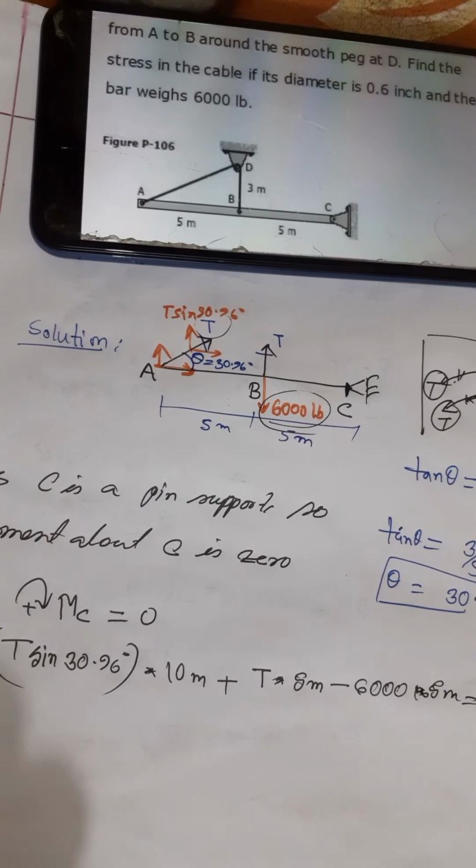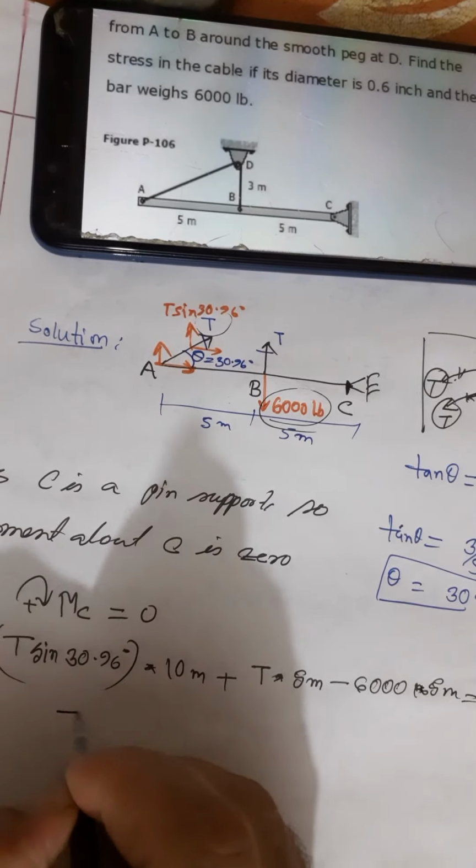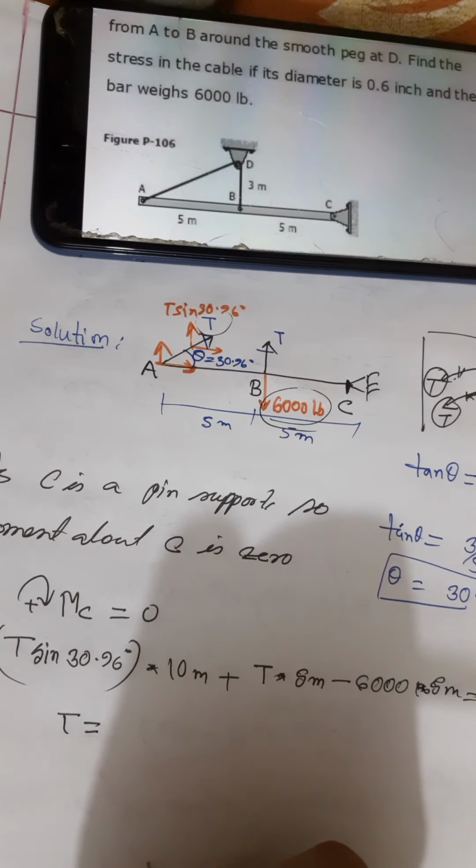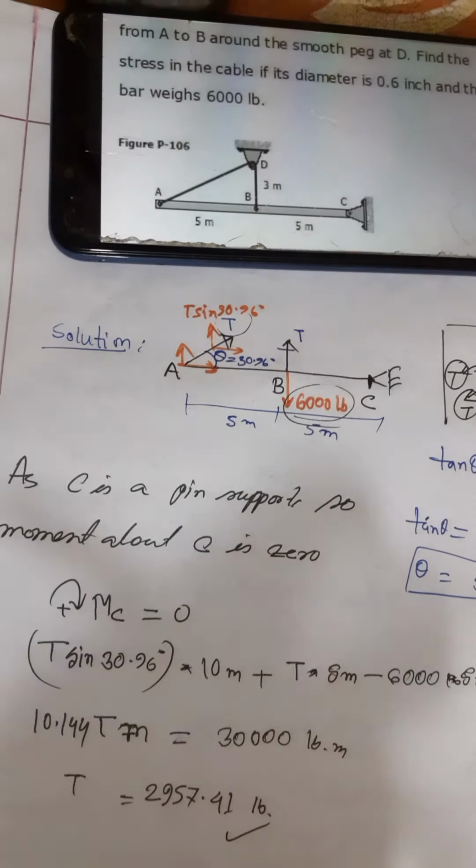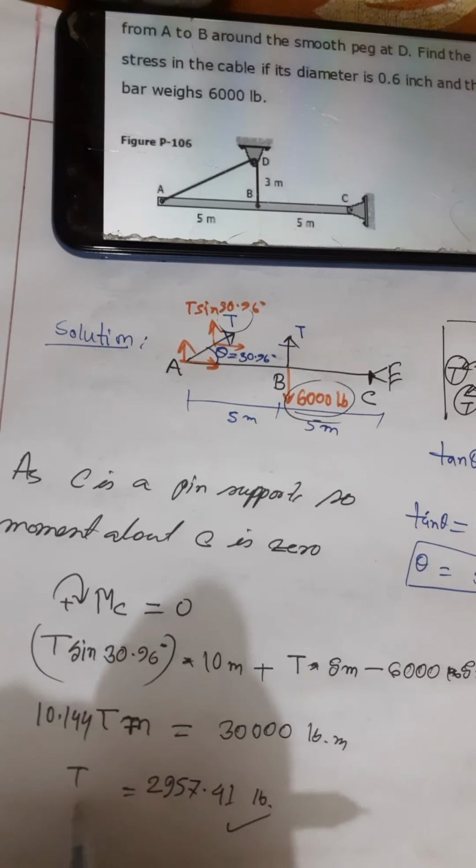So if we calculate this, the T becomes 2,957.41 pound.